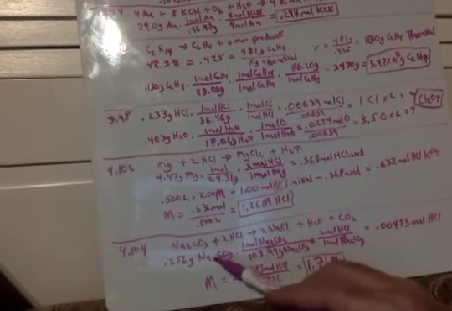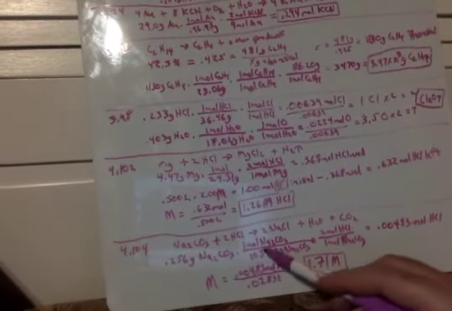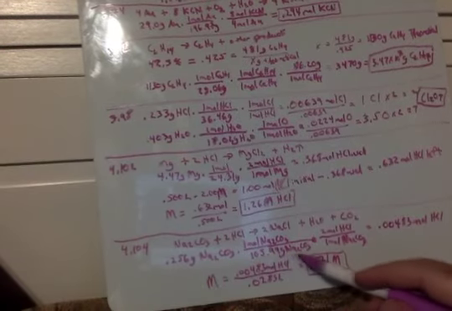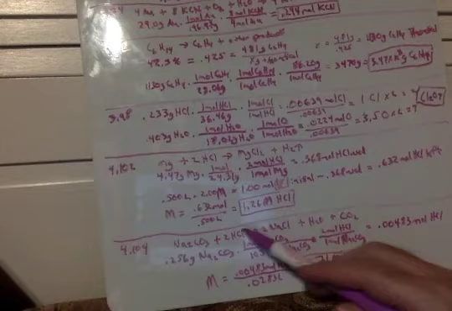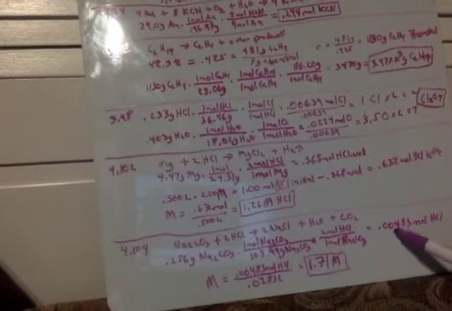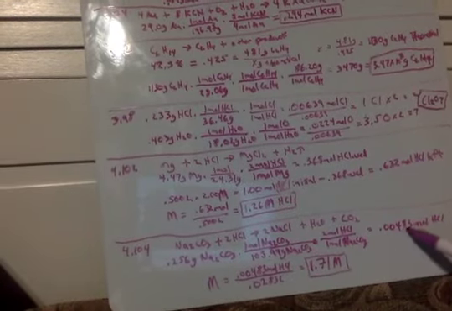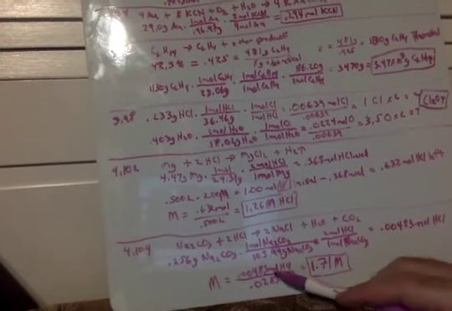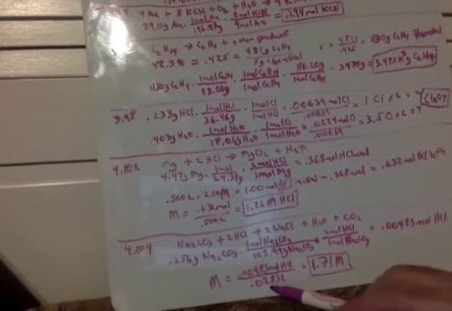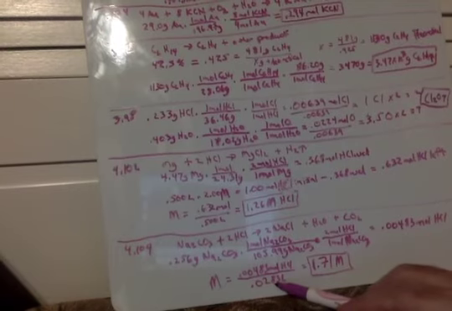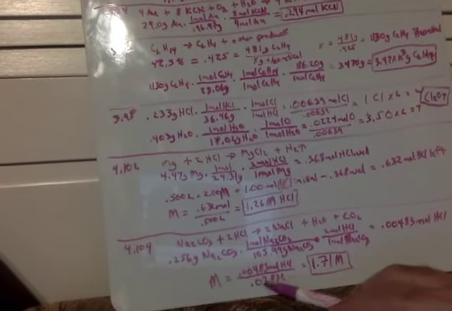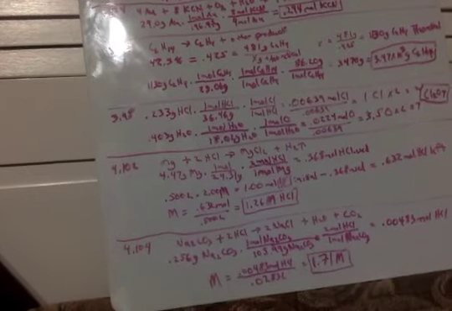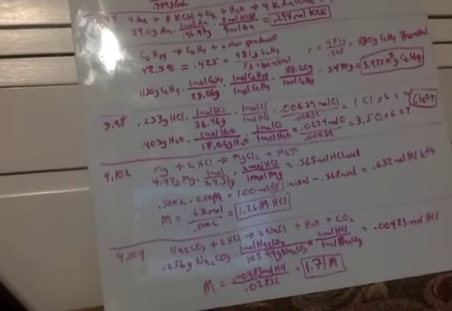Change the grams of sodium carbonate to moles by dividing by 105.99, the molar mass of sodium carbonate, and then multiplying by 2, we get that 0.00483 moles of HCl reacted, and that divided by 28.3 milliliters changed to liters gives 0.0283 liters. Moles divided by liters gives a molarity of 1.71 molar.